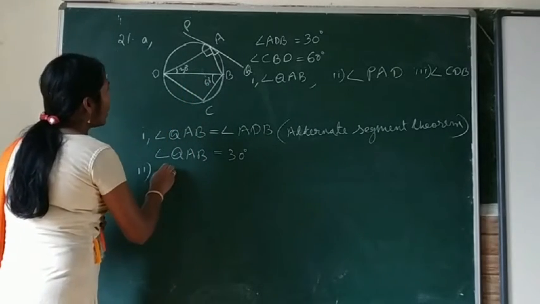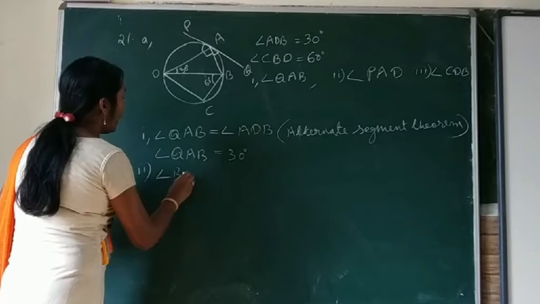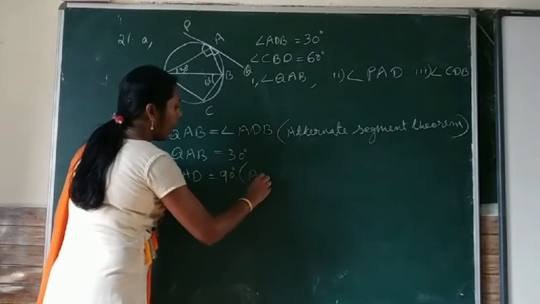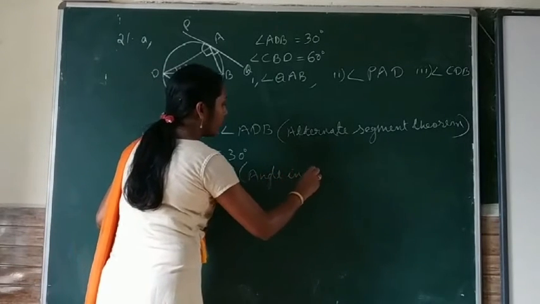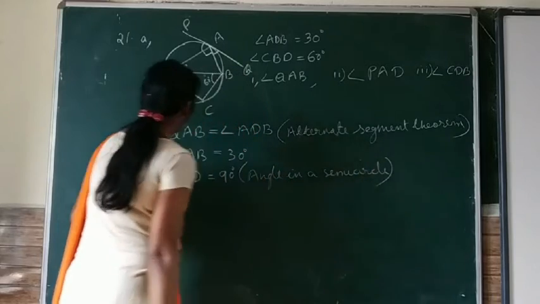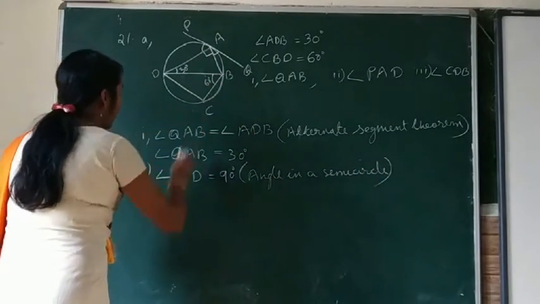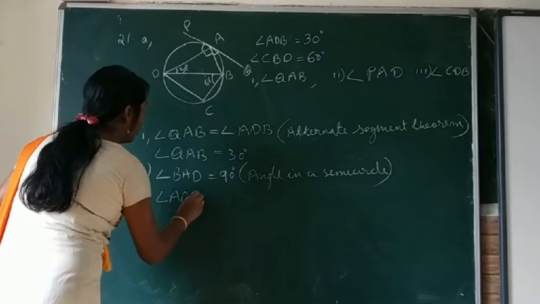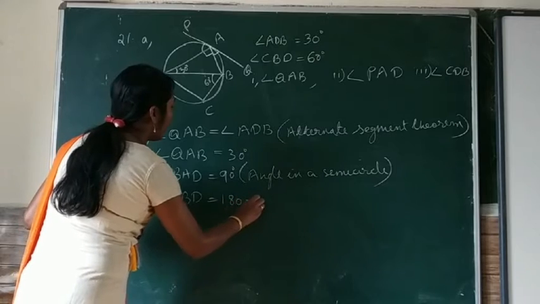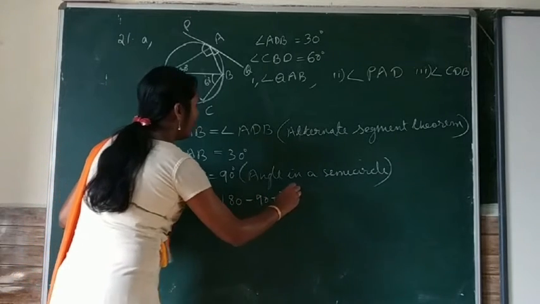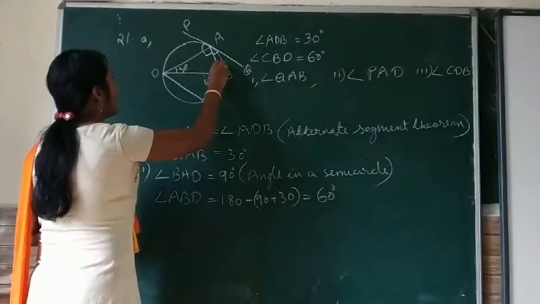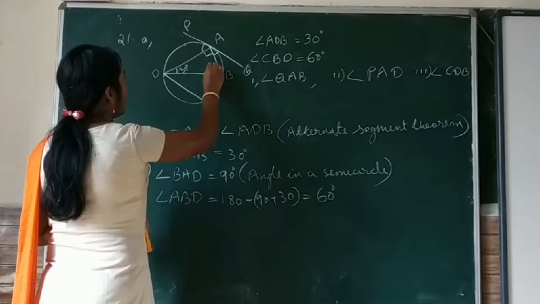So angle BAD is equal to 90 degrees. Now angle ABD is equal to 180 minus (90 plus 30), that is equal to 60 degrees. So angle ABD is 60 degrees.